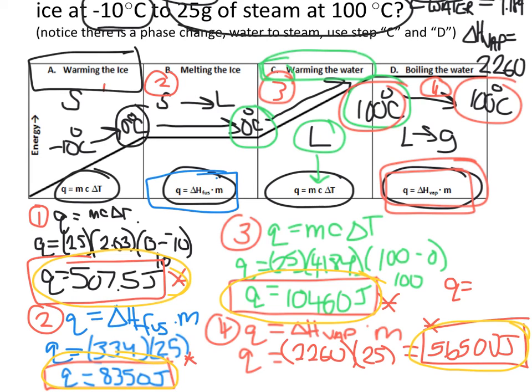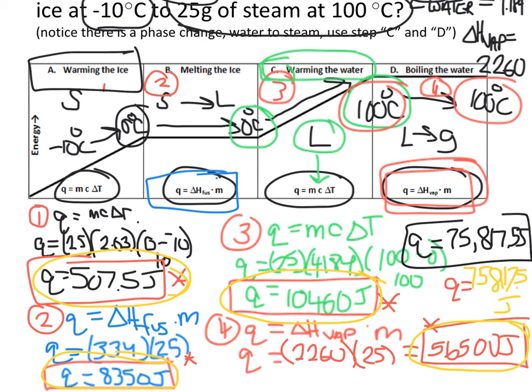And if I added those all up, I would get a total of 75,817.5 joules. Let me write that in a nicer color for you too. 75,817.5 joules is the total energy it took to actually melt this solid negative 10 degree block of ice into boiling it into the gas phase at 100 degrees.